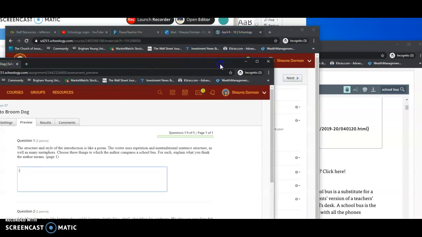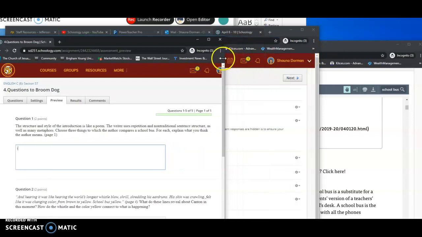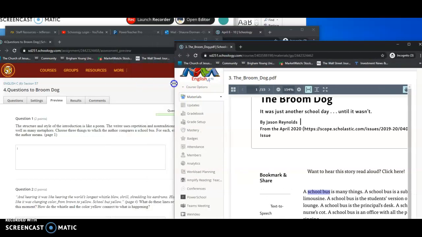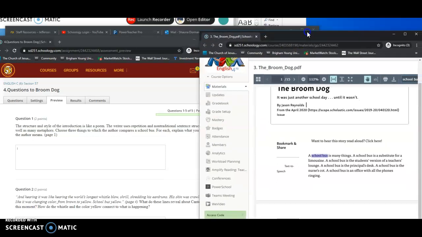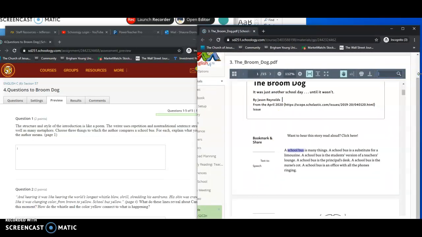All right, so now I have these two windows and I'm just going to adjust them so I can see them both at the same time. And this is going to help me work more effectively. Basically I have them side by side to help me function better.